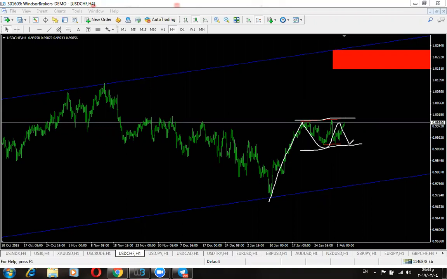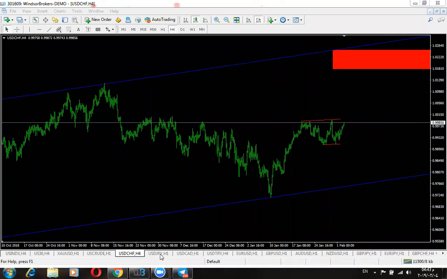Now we are expecting the price to make another leg equal to this leg. So this is a very high opportunity trade at the moment. And putting into our mind that the dollar index has to correct to the upside, we are expecting a huge potential for the Swiss franc to go to the upside.